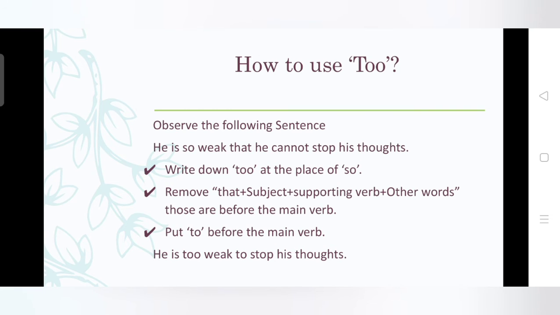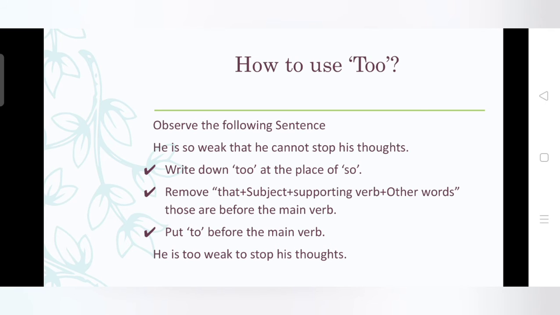If I want to use to, how can I convert this sentence? I am repeating, the sentence is, he is so weak that he cannot stop his thoughts.